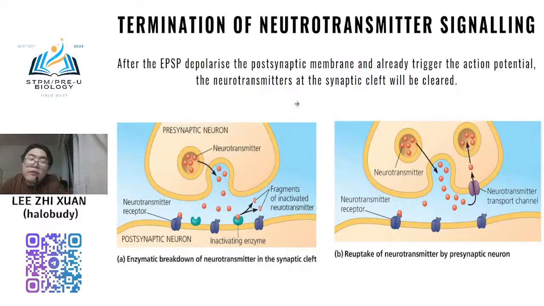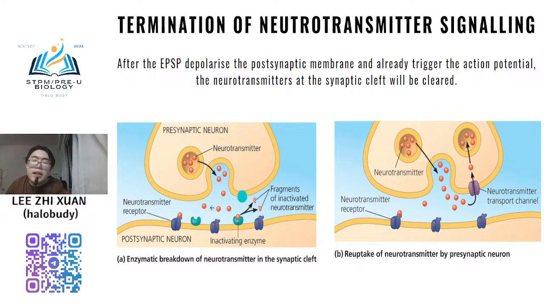And then after the neurotransmitter is released from the presynaptic neuron, the neurotransmitter cannot always be maintained in the synaptic cleft. The neurotransmitter needs to recycle back.